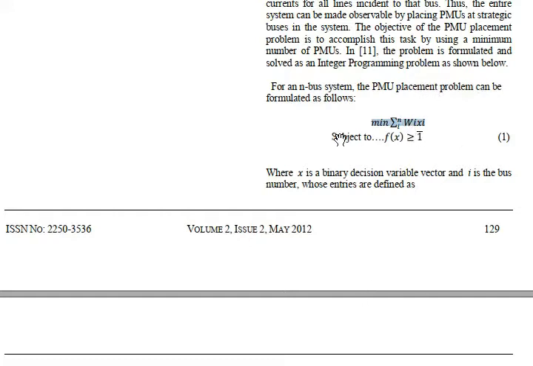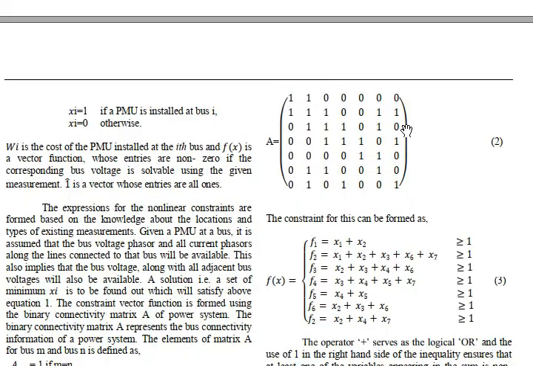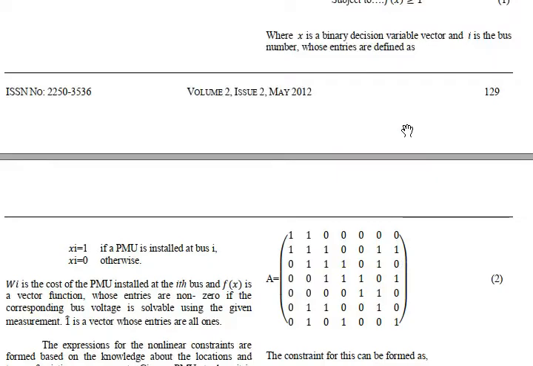So what should be the constraints? The constraint will be that all the buses of the system are observable. So all the system buses should be observable, and the branch current phasors should also be measurable, plus the objective function will be to minimize the number of PMUs, the summation of those PMUs.